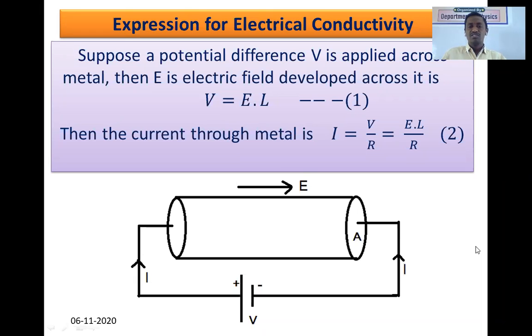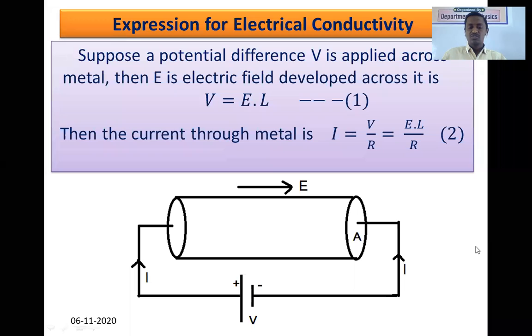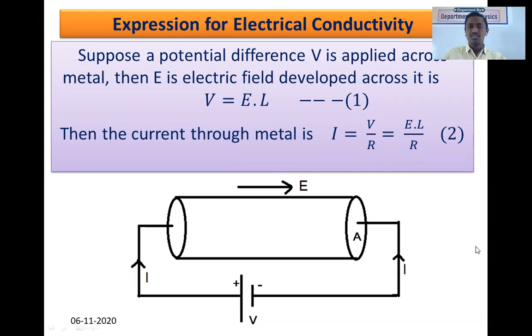As the potential is applied, current flows in the external circuit, and through the metal also. Suppose R is the resistance offered by the metal to the flow of current.